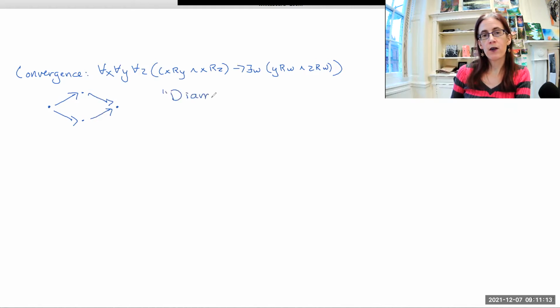So this is also often called the diamond property, because look at the pretty diamond you made.